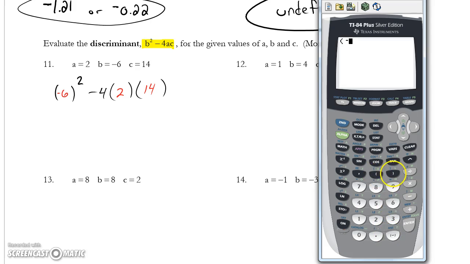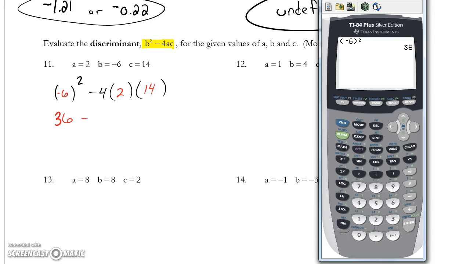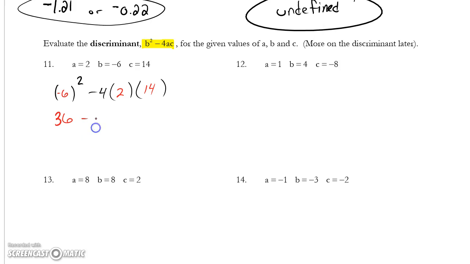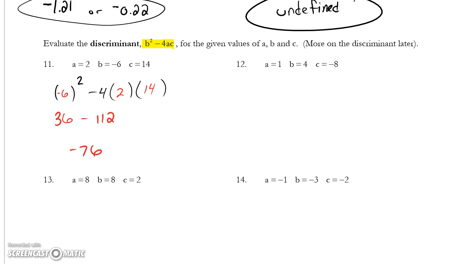You must have that negative in parentheses when you square it to get positive 36. 36 minus 4 times 2 times 14 is 112, to give you an answer of 36 minus 112, which is -76. Go ahead and complete 12, 13, and 14, please.